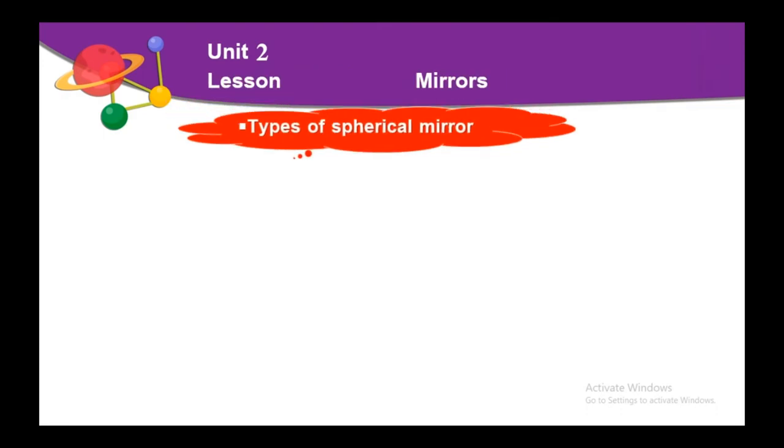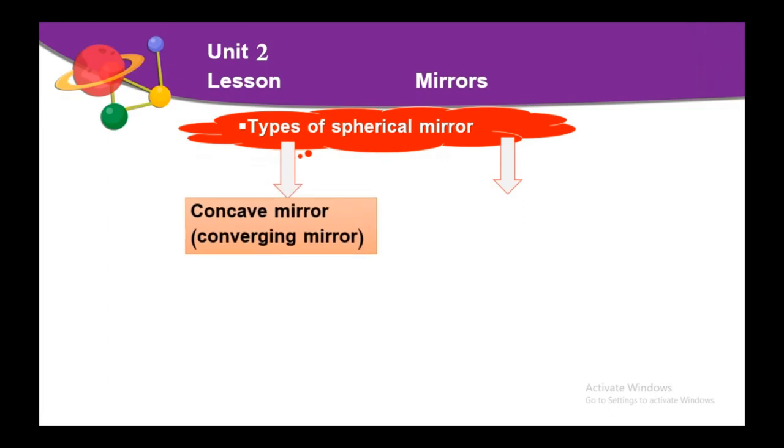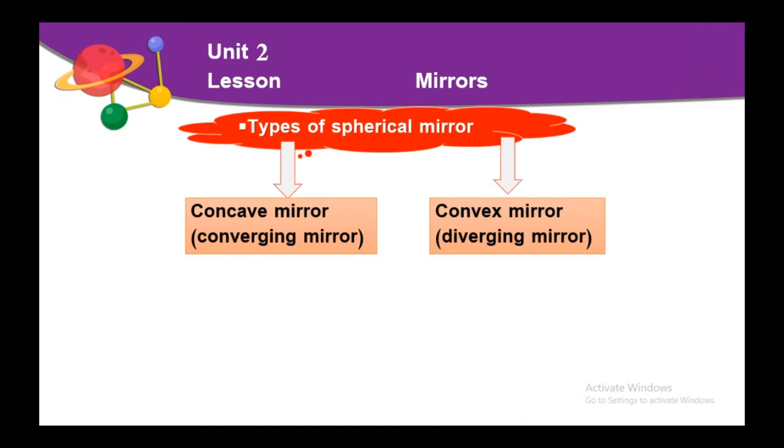What are the types of spherical mirror? Number 1, concave mirror, which is called converging mirror. Why? The second type is called convex mirror or diverging mirror. Why?